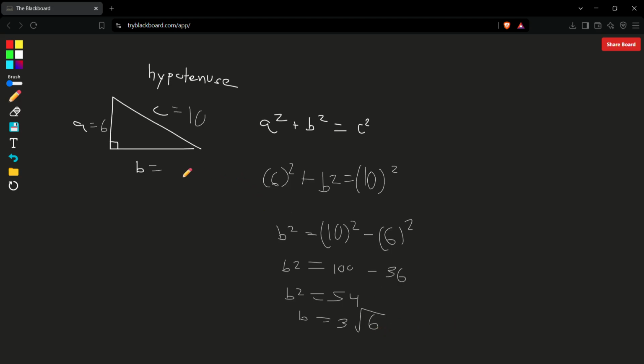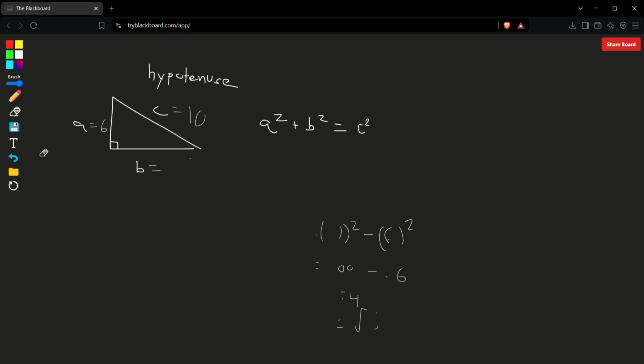So that will be the value of our b. So basically, if given the hypotenuse but one of the legs isn't visible, you should transpose one value to the other side. That's basically what happens in the Pythagorean theorem.